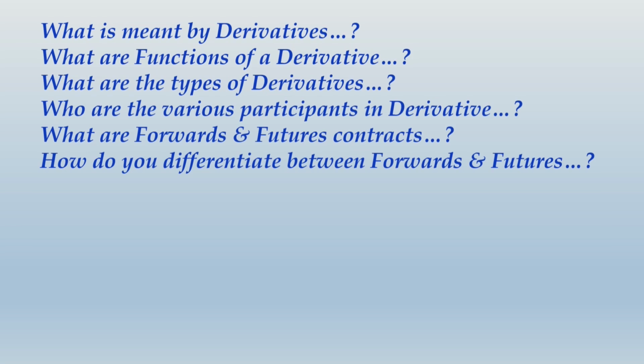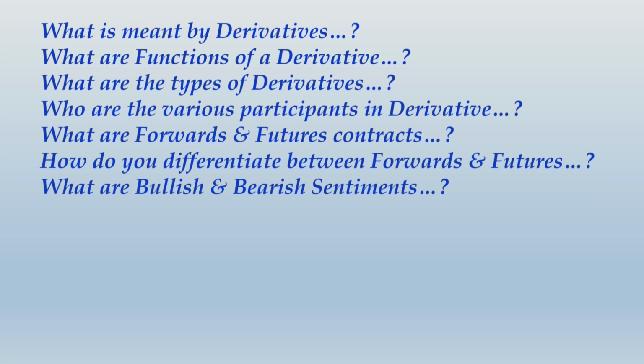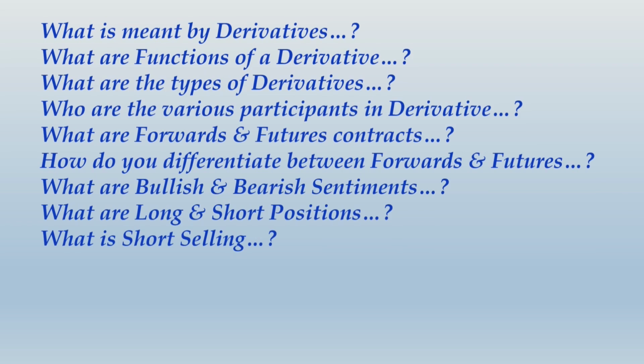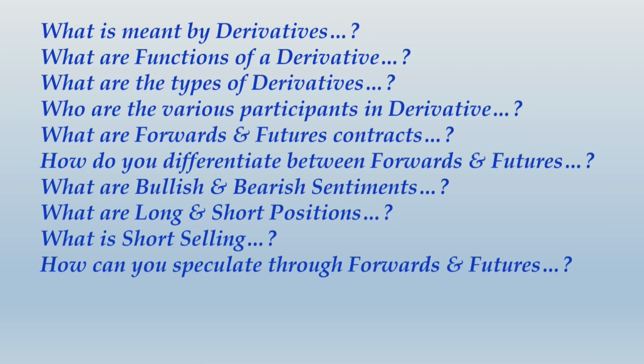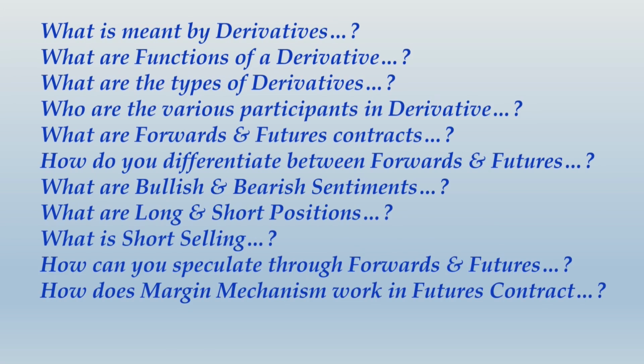How do you differentiate between forwards and futures? What are bullish and bearish sentiments? What are long and short positions? What is short selling? How can you speculate through forwards and futures? How does the margin mechanism work in a futures contract?